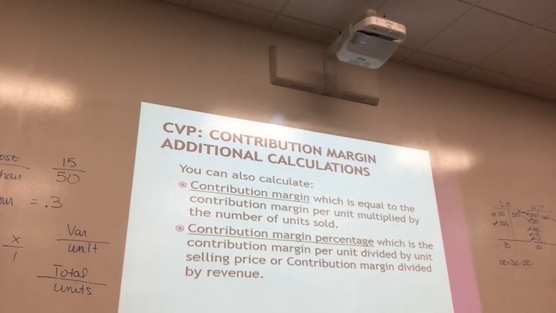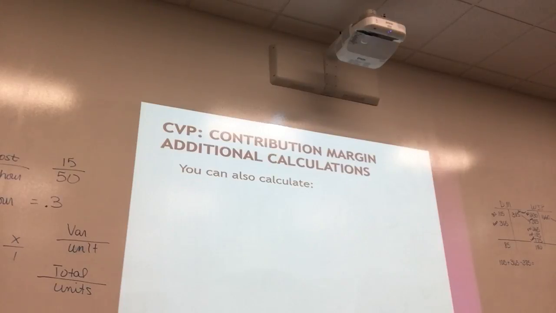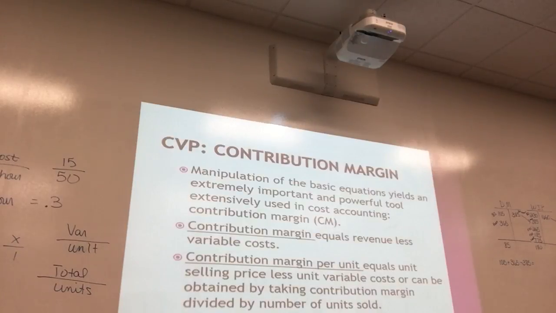Can you go back for a second? What did you say was above the line? When you're doing a contribution margin analysis, it's your revenue and all your variable costs. And your fixed costs are below the line.